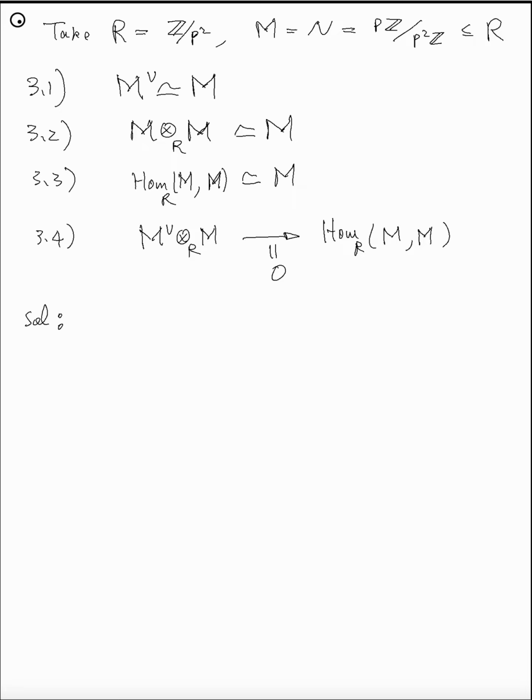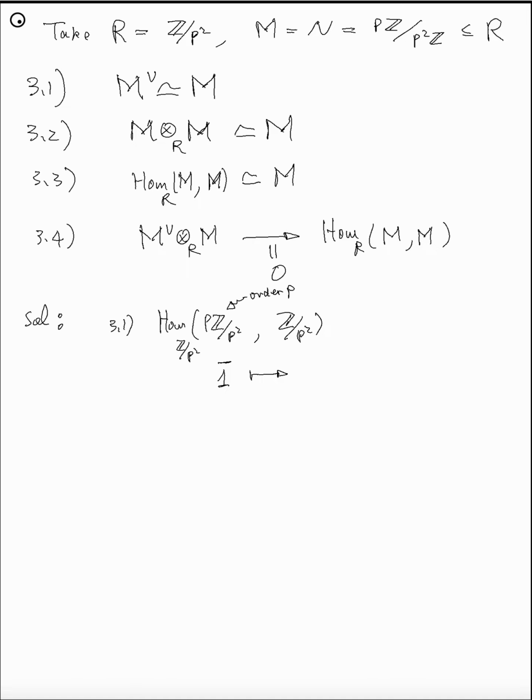Okay, let's start from 3.1. So you have pZ modulo p squared, map it to Z modulo p squared as a Z modulo p squared module. So how can you do that? It's uniquely determined by the image of the generator. So this is of order p.